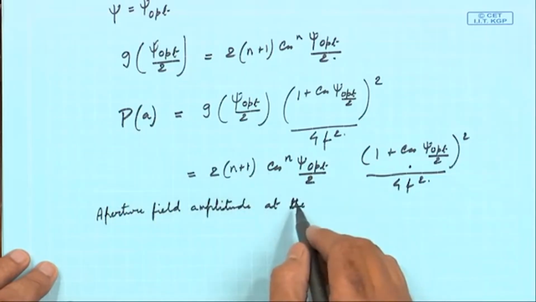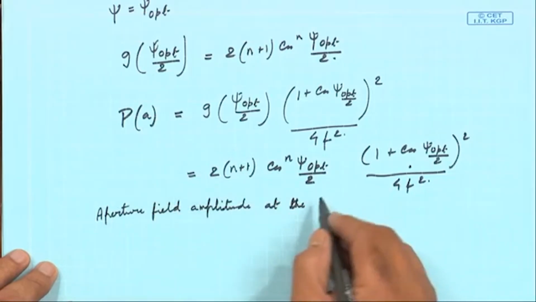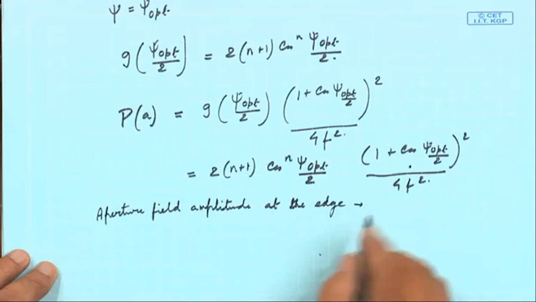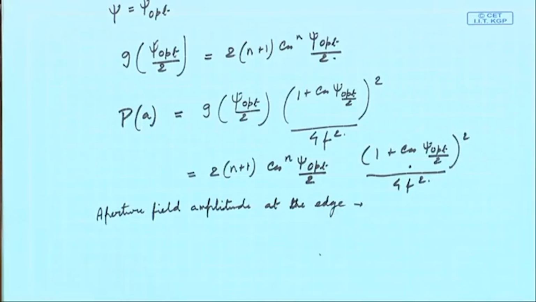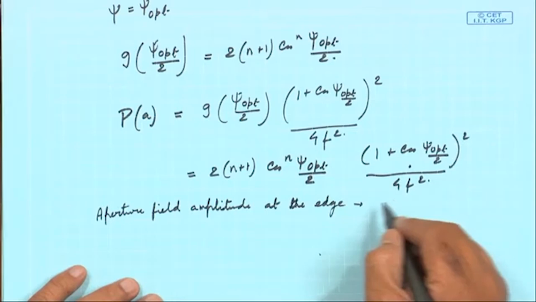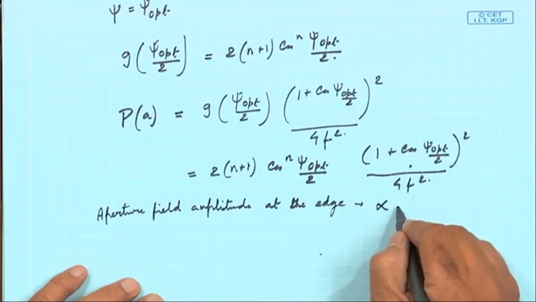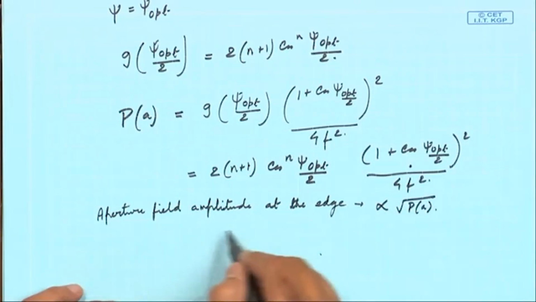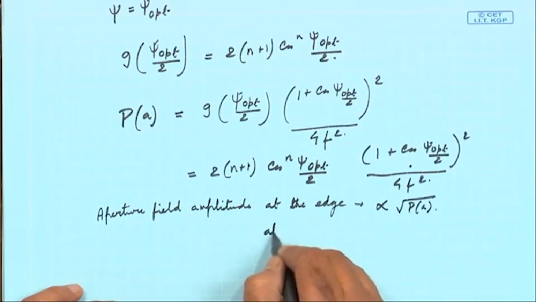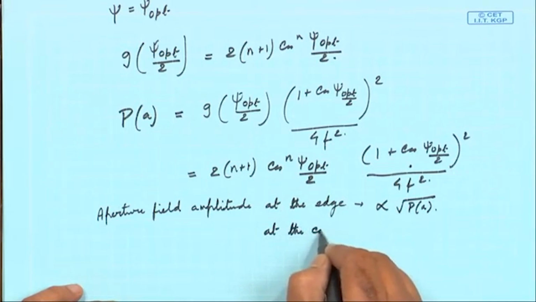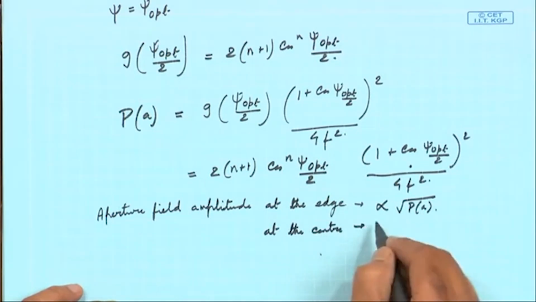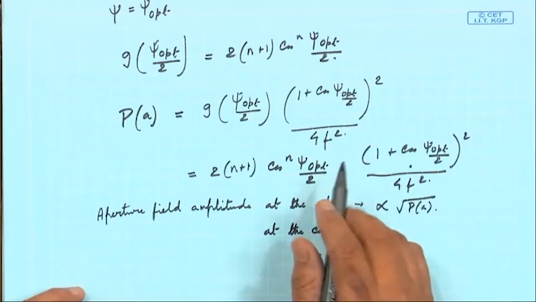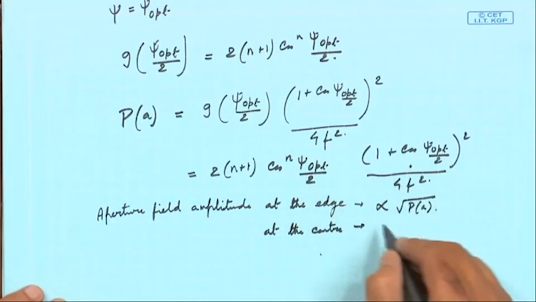So, field amplitude at the edge, that means there my angle is this optimum, will be proportional to root over P A, and field amplitude at the center, that will be when this angle becomes 0.